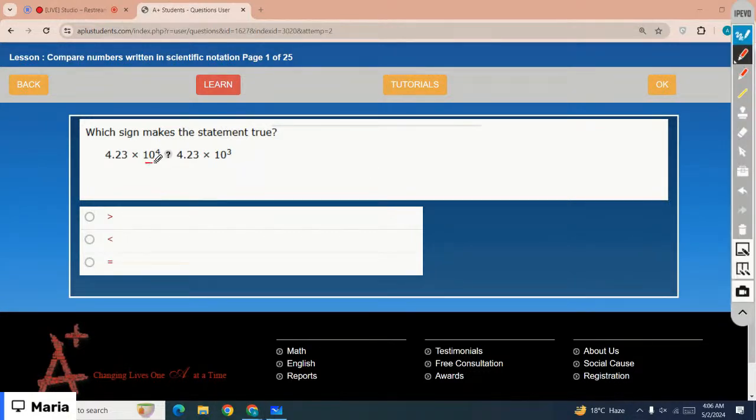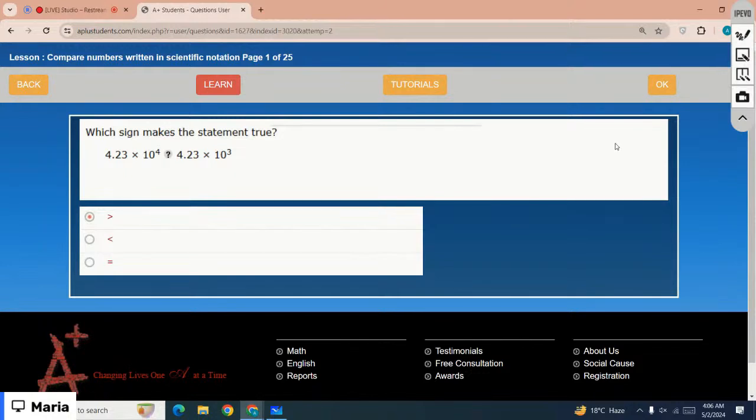So just look for the exponents. Here you have 4 and here you have 3. So 10 exponent 4 is greater than 10 exponent 3. So the correct option is option number 1. 4.23 times 10 exponent 4 is greater than 4.3 times 10 exponent 3.